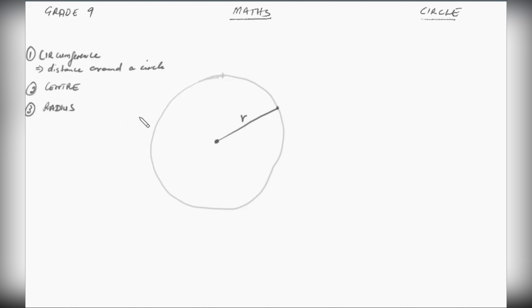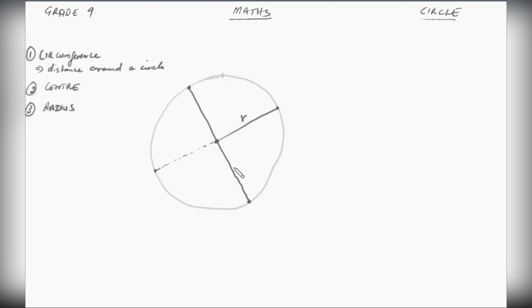Okay, but if you extend the radius like this, straight to the opposite corresponding point on the circumference, then you have a straight line that passes through the center of a circle and begins and ends on the circumference.